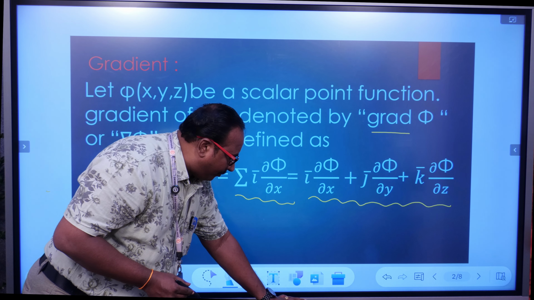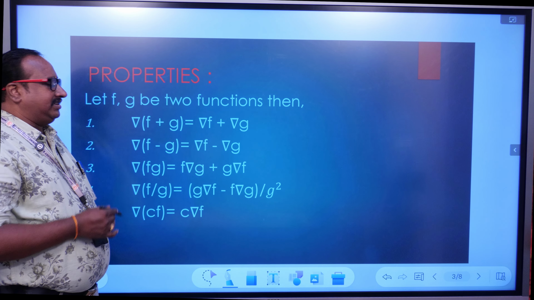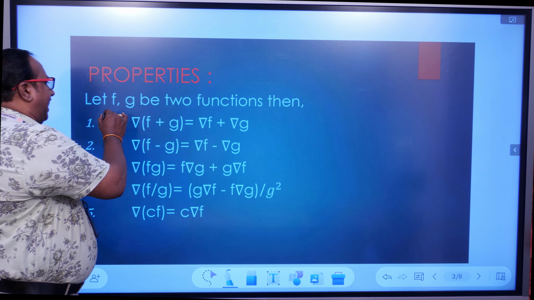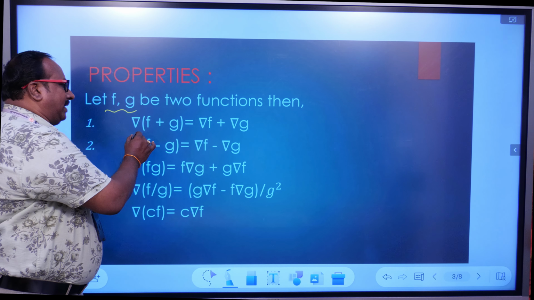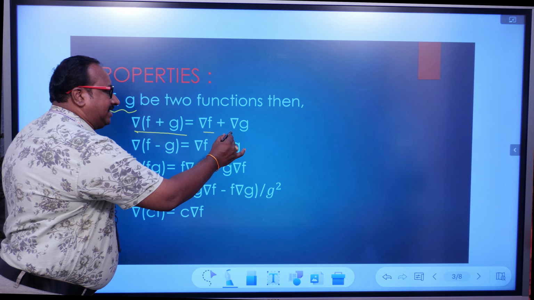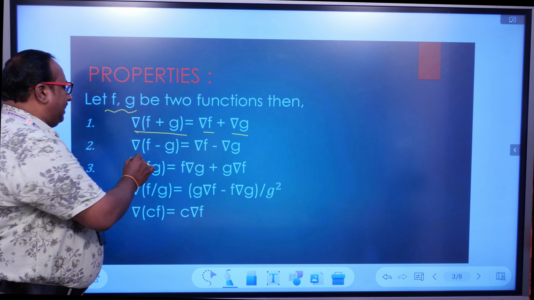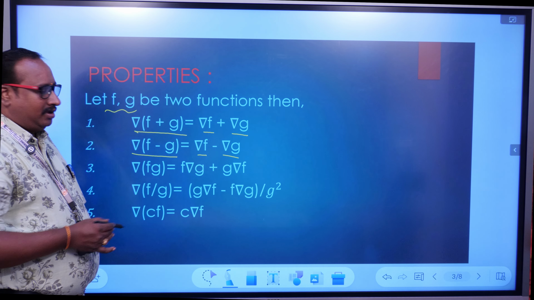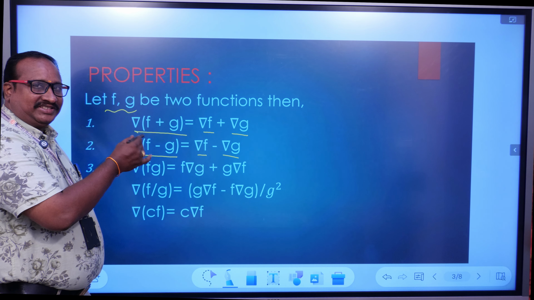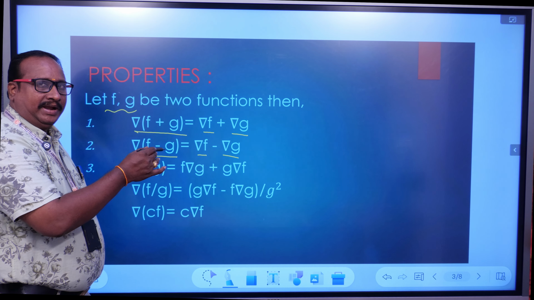Now we will see the properties of gradient. Here f and g are two functions. Del of f plus g equals del f plus del g, and del of f minus g equals del f minus del g. So in particular, del of f plus or minus g equals del f plus or minus del g.